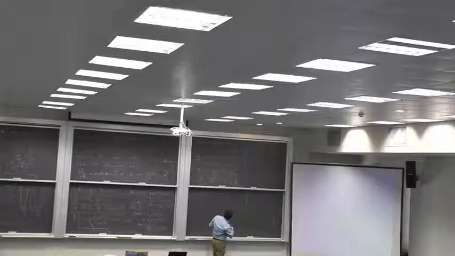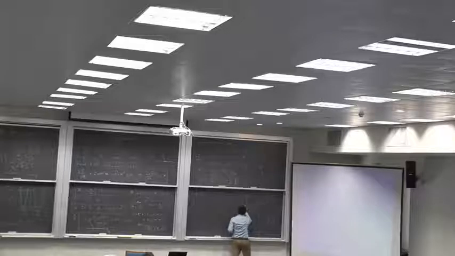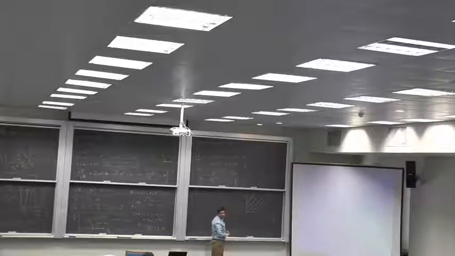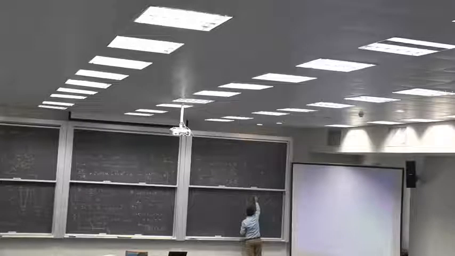If I'm at a slightly higher temperature, then this will be my line. If I'm at a lower temperature than the critical point, this will be my line. So this line corresponds to temperature equals Tc. This corresponds to the temperature greater than Tc. And this region corresponds to temperature smaller than Tc.